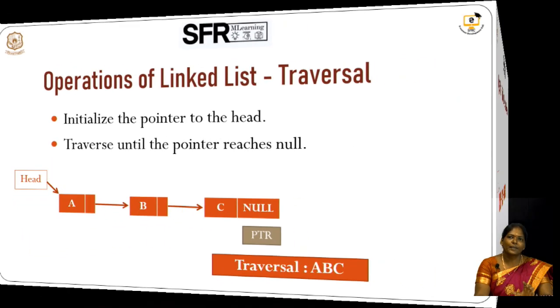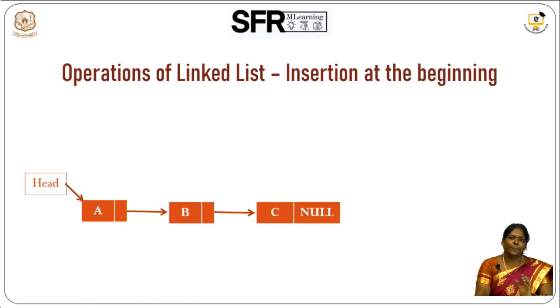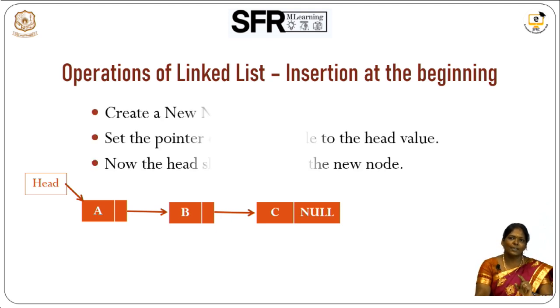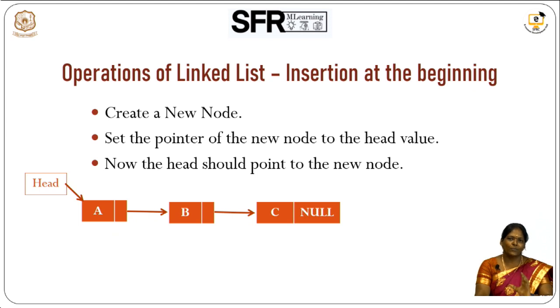The next operation is insertion. Insertion may be performed at three places: at the beginning, at the end, or at the middle. First we see insertion at the beginning. For inserting a node, first we create a new node with two fields: first the data field, which we are going to insert, then a pointer value.